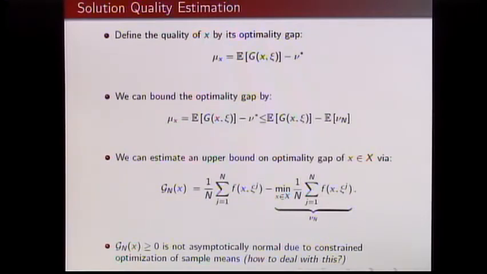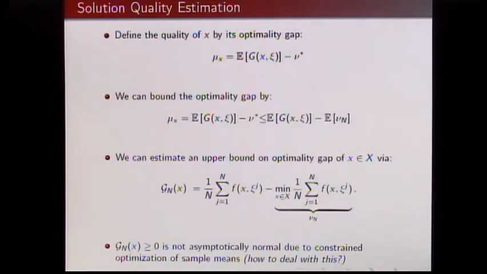There are only certain conditions that you've seen in the earlier lectures under which it might be asymptotically normal. Also, checking if it has a unique optimal solution, how do you know for a given problem? You cannot solve it. So this is not going to be asymptotically normal, so it's not that easy to deal with.